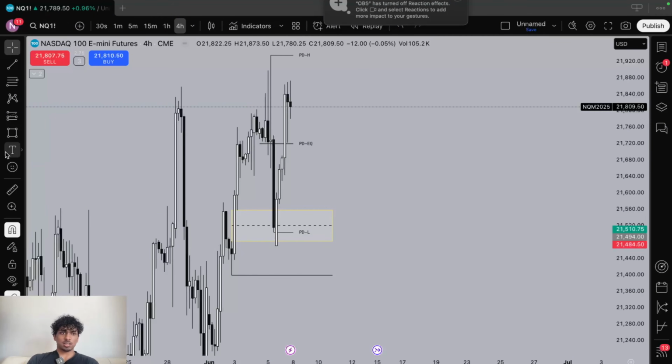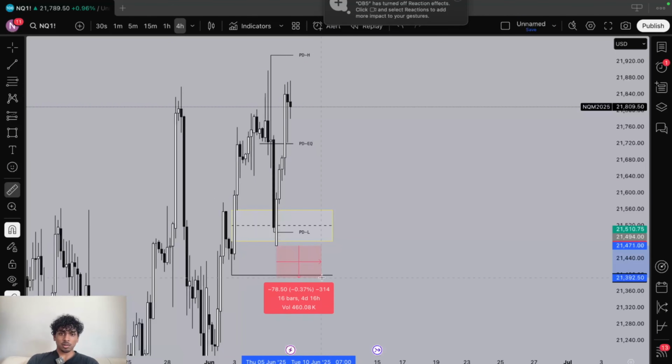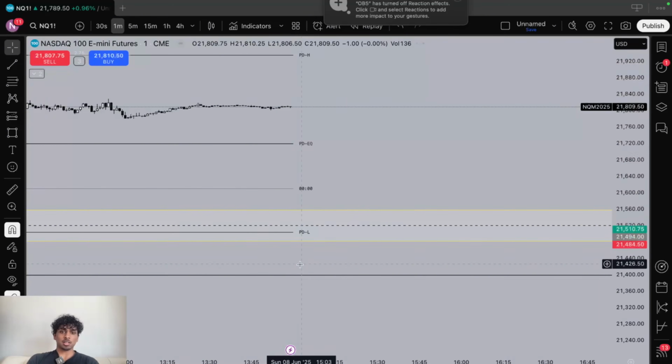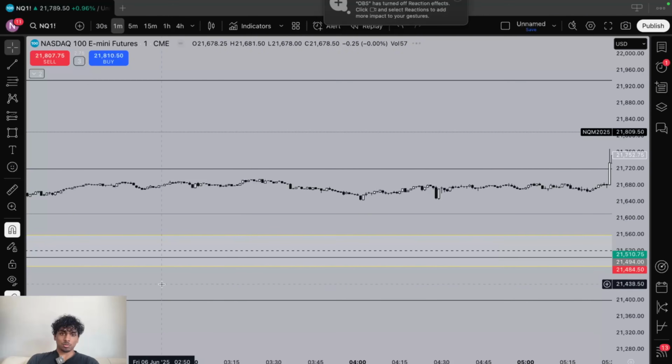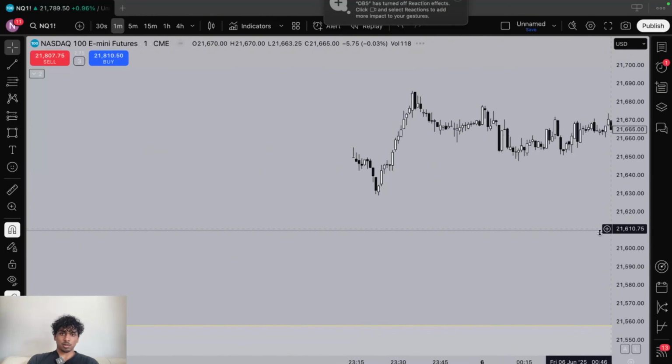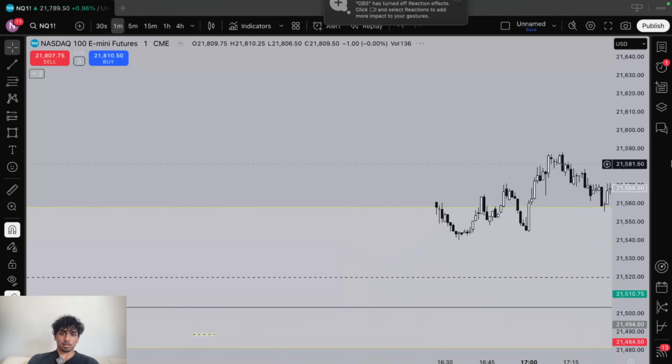If you see from here, let me just take out the measuring tool right here. Yeah, if you mark it from like the 1 minute, it'll probably be like 100 points away. Let's actually do that real quick. So scrolling all the way back.